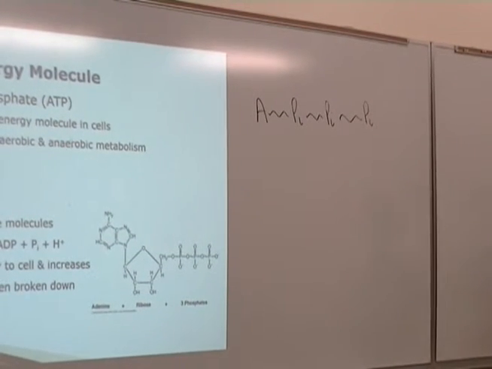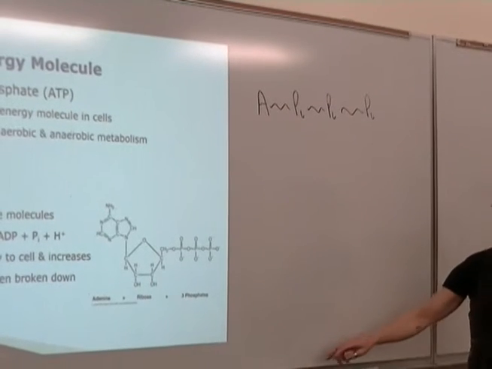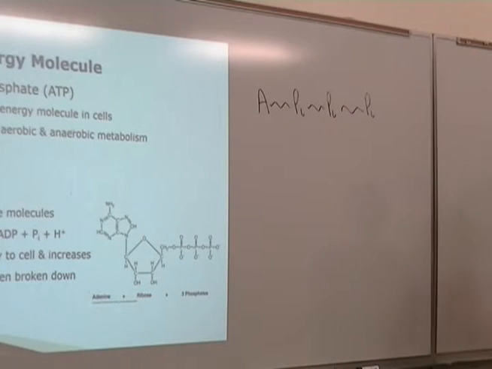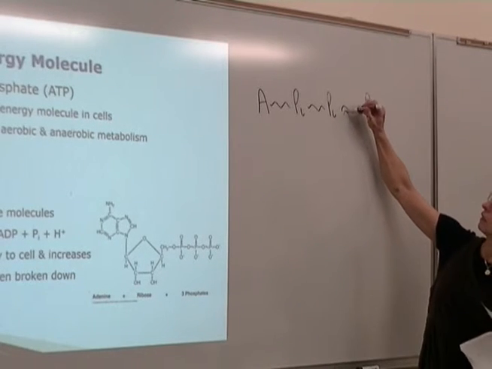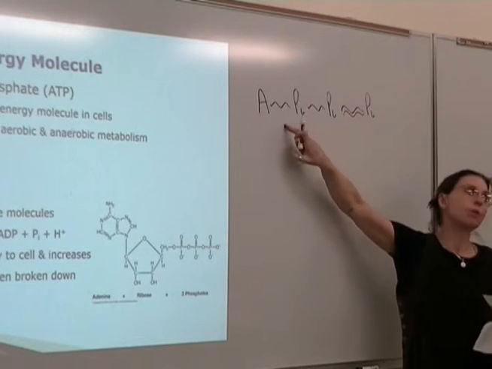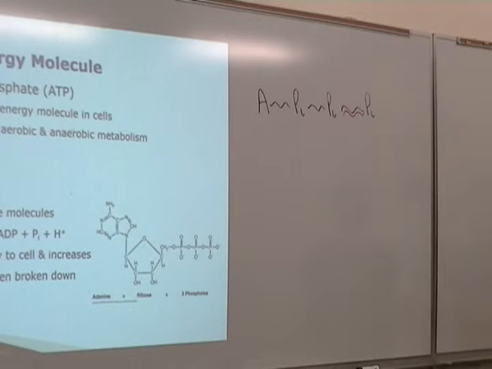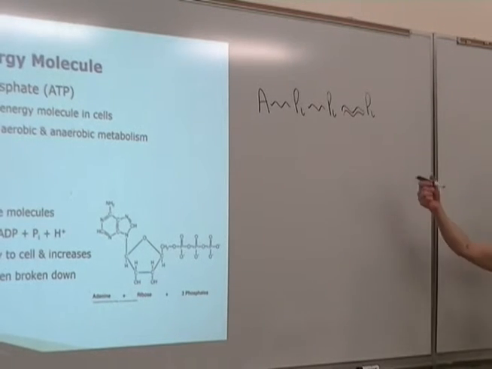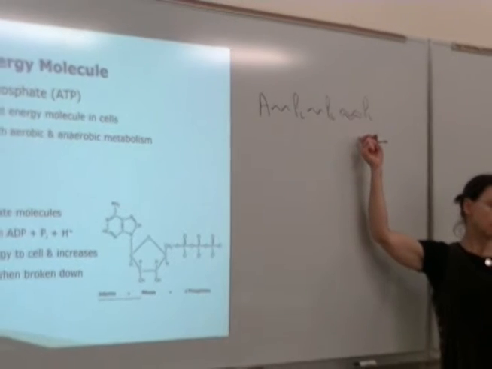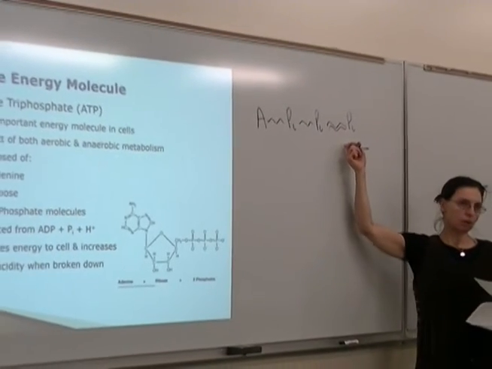And in humans, we've evolved in a weird way, because we have 2 other energy bonds in adenosine triphosphate, but we can only use the last one for muscle contraction.